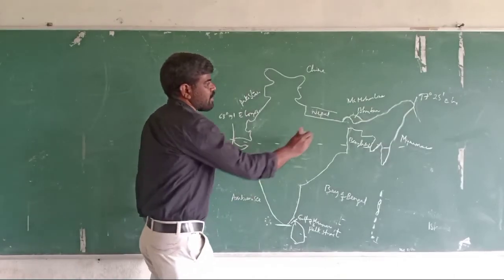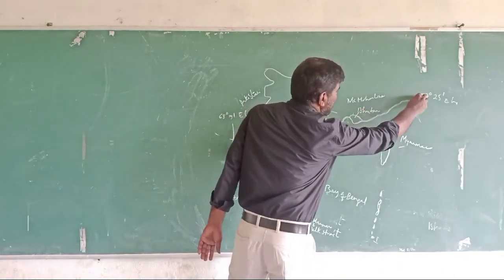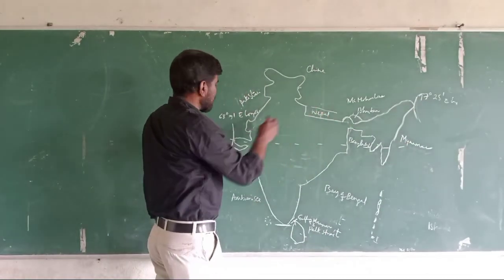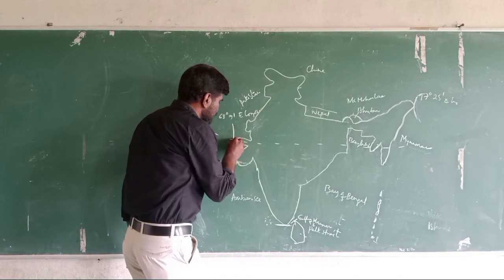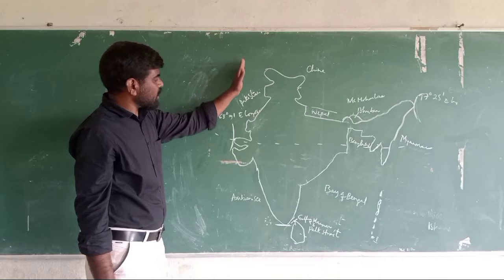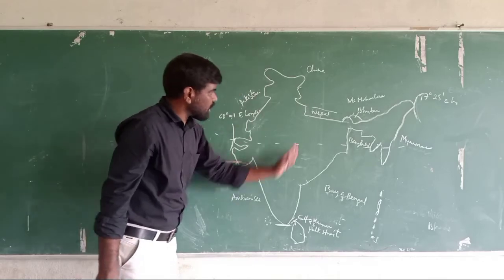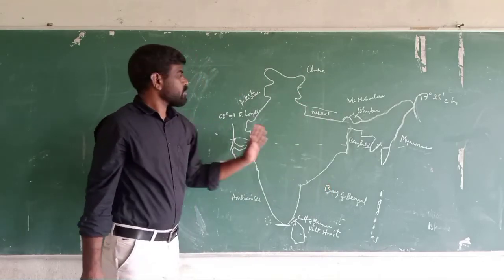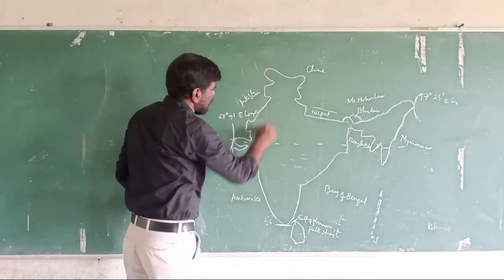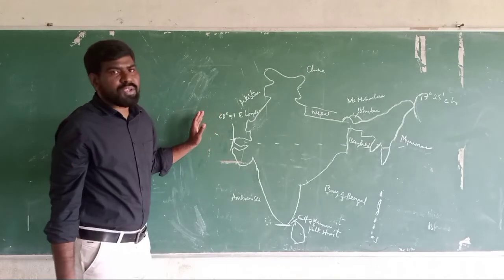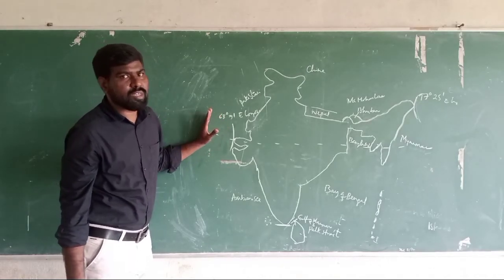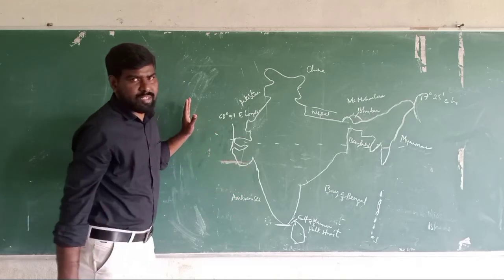So the sun rises earlier in Arunachal Pradesh, the state where the sun rises first, and last at Dwarka in Gujarat. As we know, 30 longitudes pass through the country. It takes 4 minutes to cover one longitude during rotation of our Earth.